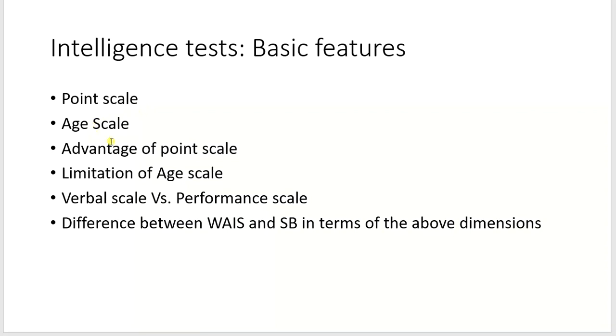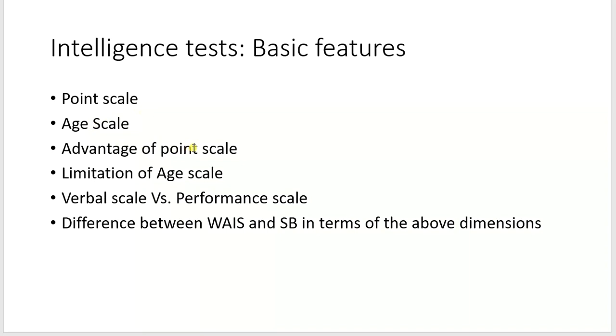But the limitation of age scale was that items are not clustered as per the cognitive functions. They are clustered according to the age. So for a higher age group, we cannot move the lower age group item to get a scale of any particular cognitive function.